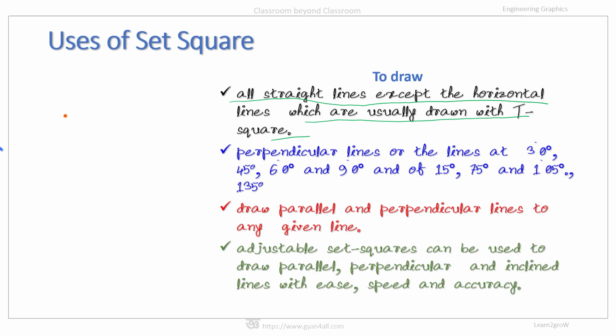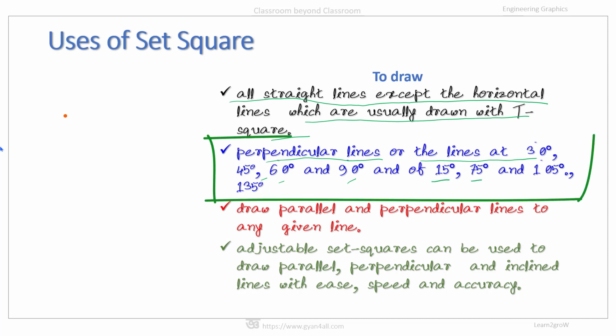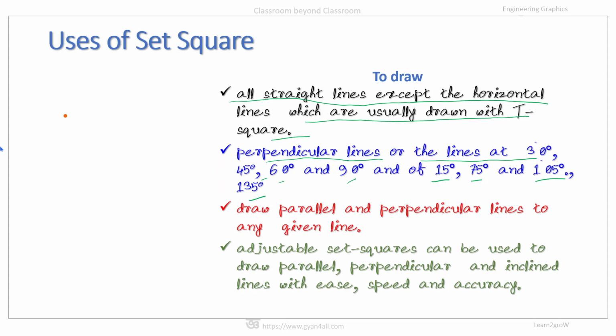And we can also draw perpendicular lines or lines at 30 degree, 45, 60 and 90 degree by using a single set square. But if we use both the set squares, we can also draw lines at an angle of 15 degree, 75 degree, 105 degree and 135 degree also. You can also draw parallel and perpendicular lines to any given lines.